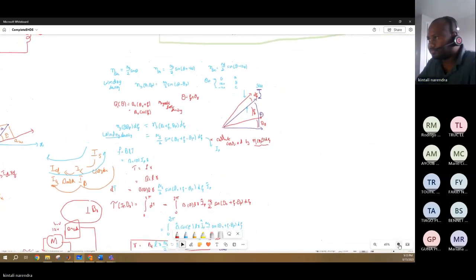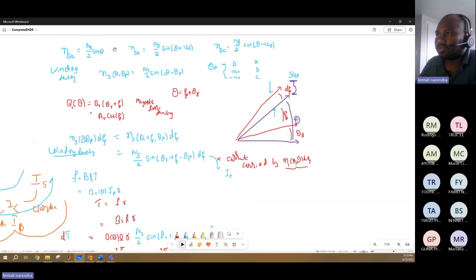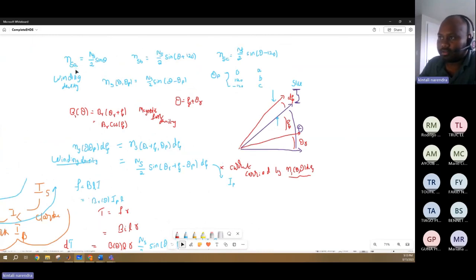See, now there are three windings: phase A, phase B, and phase C. Each of these phases is 120 degrees apart from each other, and the windings are ns by 2 sine theta, ns by 2 sine theta, ns by 2 sine theta.